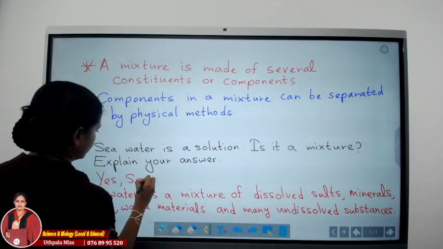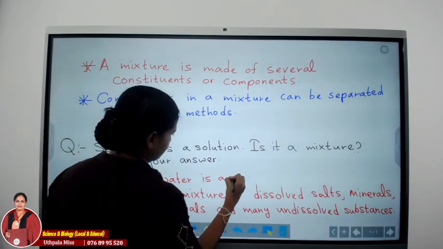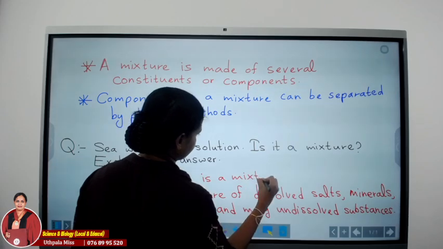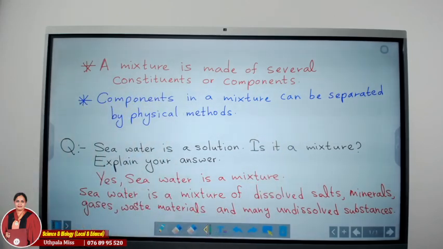Yes, seawater is a mixture. It is a mixture of dissolved salts, minerals, gases, waste materials, and many undissolved substances like plastic, polythene, rubber.